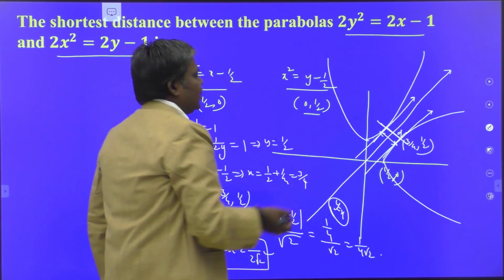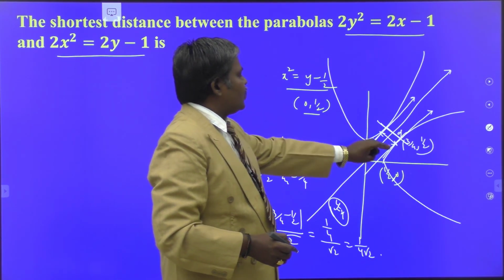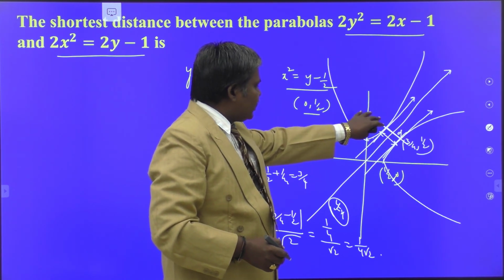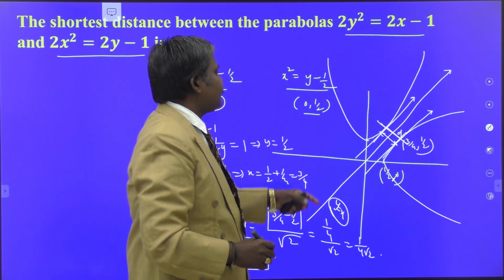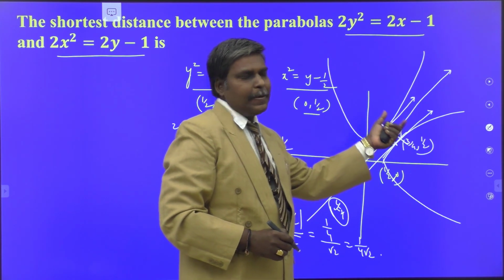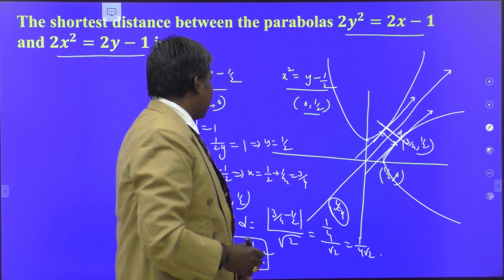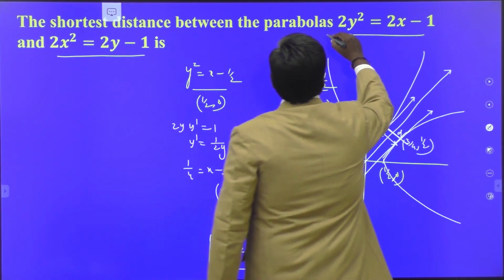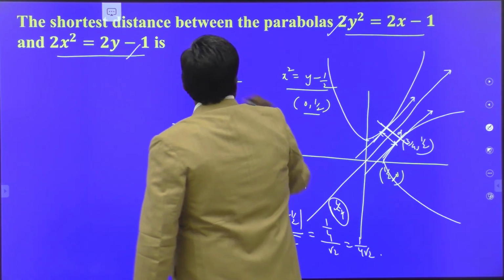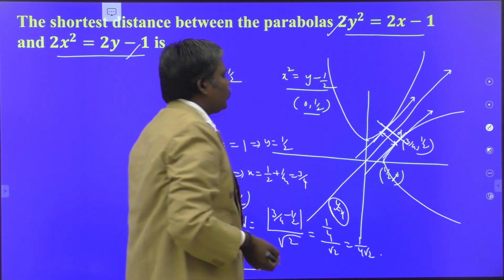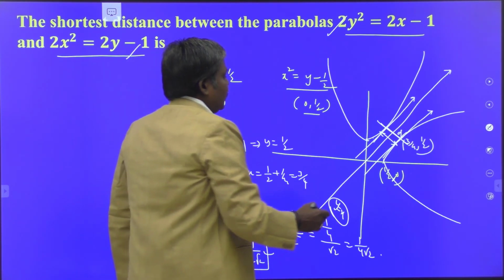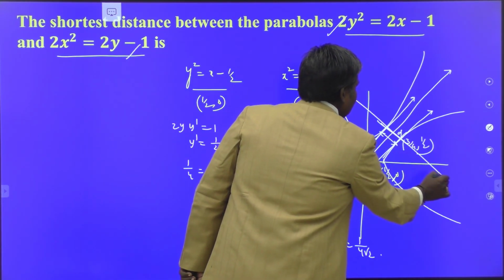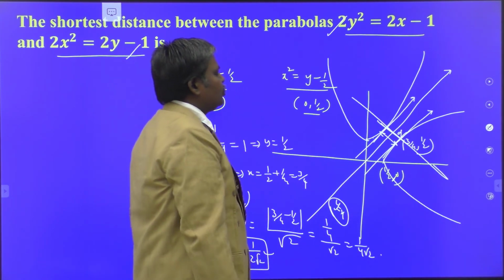If you draw the tangents to the two curves and they are parallel, the distance between them is the shortest distance between the two curves. So what is the shortest distance here? 1/(2√2). These two curves are symmetric about the line y = x. That is the first thing you have to observe. Or you can consider a common normal, which is common to both parabolas.